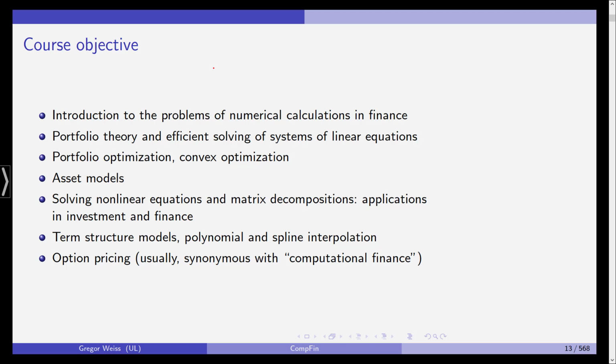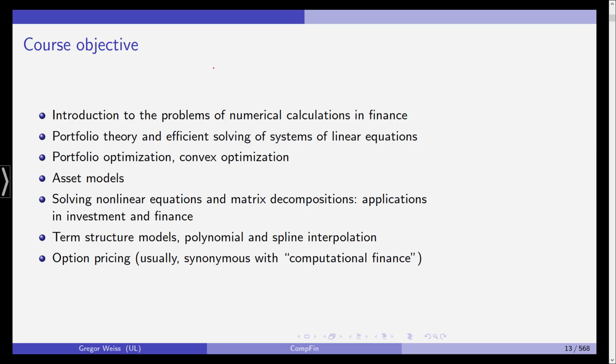Even if you have a correct model, even if you have data that are error-free, you can still run into numerical problems simply because it's a computer, it's an approximation in some cases, and I want to give you a good understanding of some of the practical issues you might encounter when implementing those theoretical models from finance.